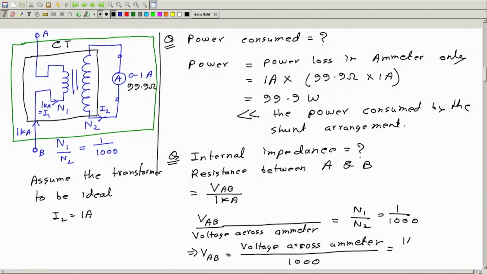So this is 1 ampere multiplied by 99.9 ohm whole divided by 1000. So this is VAB.